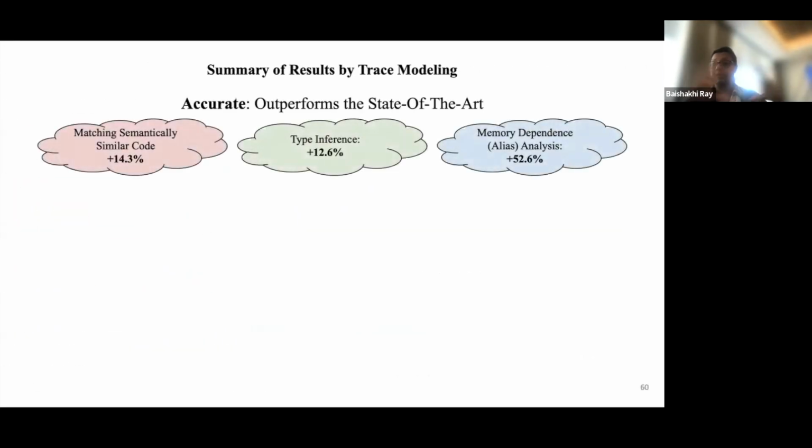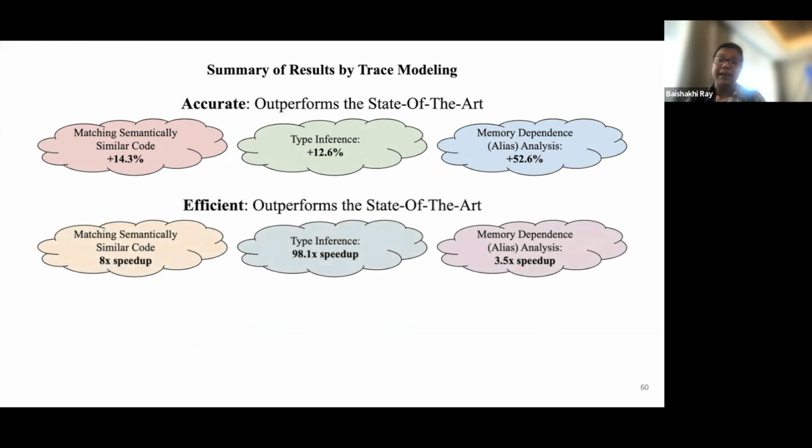With this kind of scheme, we showed that across many deeper program analysis tasks, we perform better. For example, for semantic code detection, we perform 14.3% better. For type inference and memory dependency analysis, which is a notoriously difficult task, we perform 52.6% better than the traditional program analysis techniques. And remarkably, they can do it at a much faster speed, because now we have this machine learning pre-trained model.